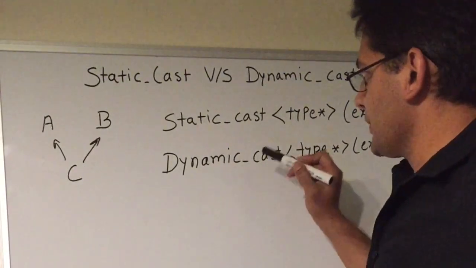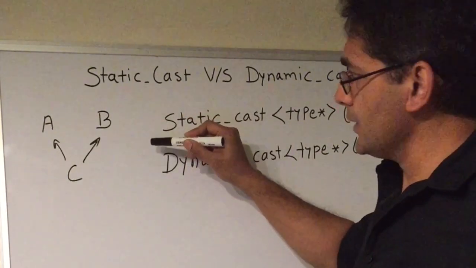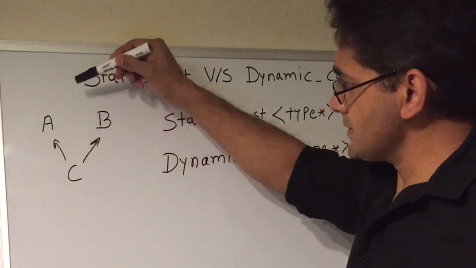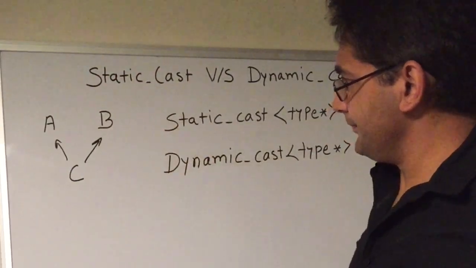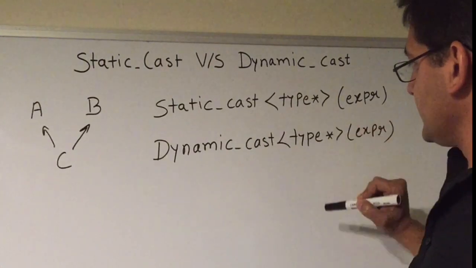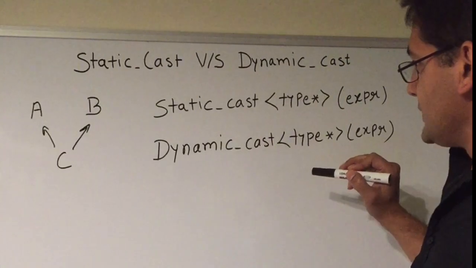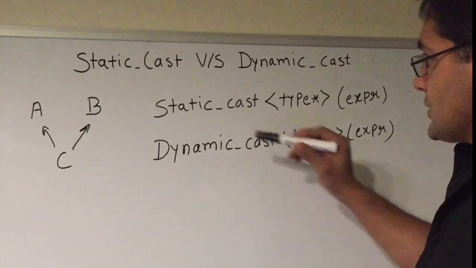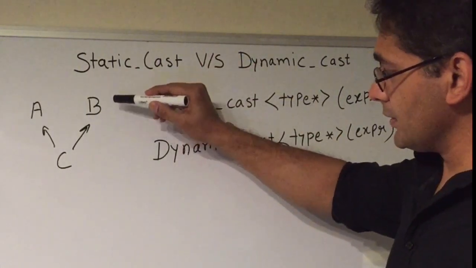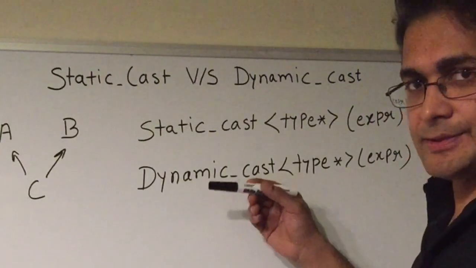Whereas the dynamic cast operator relies on the information stored in the objects by the compiler, associated with the base class or the derived class. The expression is converted to a pointer to the specified type if the dynamic type of the object pointed to is of that type or the type of the derived class. Otherwise, the result is 0.